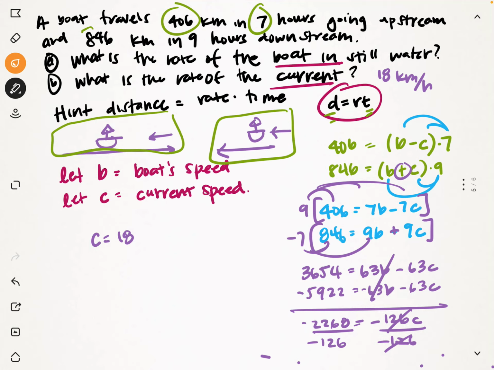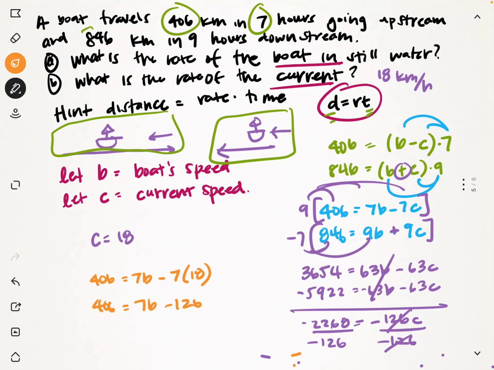So we can choose either of the equations. I think the top one's a little bit easier. So we're going to do 406 equals 7b minus 7 times our current, which is 18. 7 times 18 is 126.